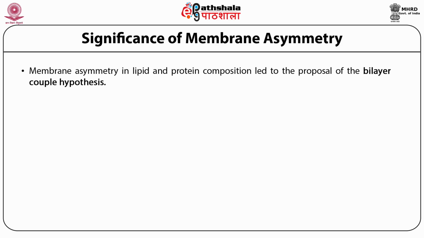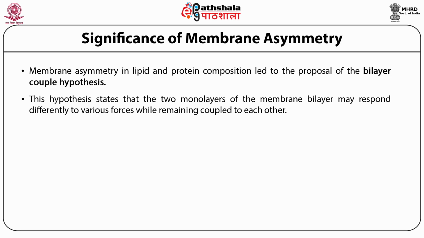The membrane asymmetry in lipid and protein composition leads to the proposal that is known as the bilayer couple hypothesis. This hypothesis states that the two monolayers of a membrane bilayer may respond differently to various forces while remaining coupled to each other.